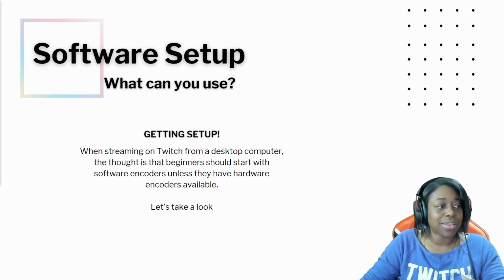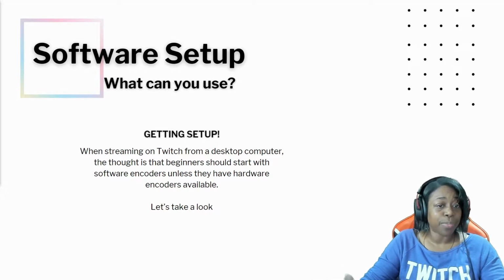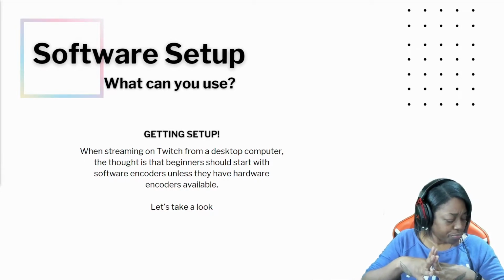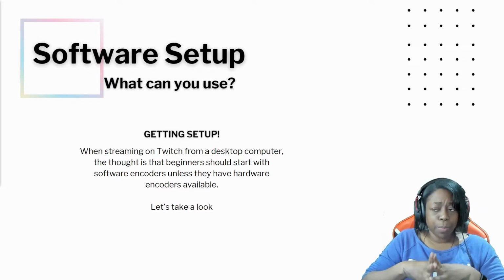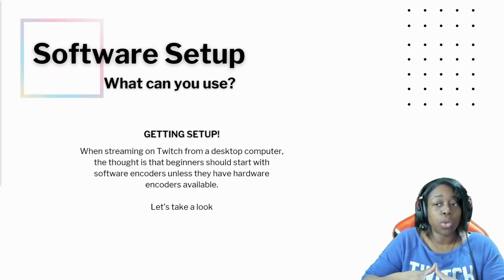What this means is kind of like pre-installing software, unless your machine already has it. For example, I think, is it Razer? It might be Razer, but there is a computer software that actually allows you to start streaming without the use of things like OBS or Streamlabs. So again, it very much depends.